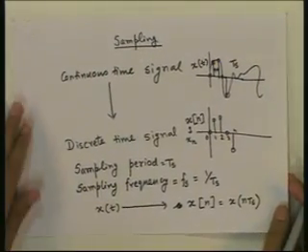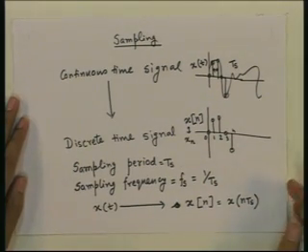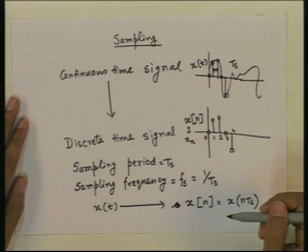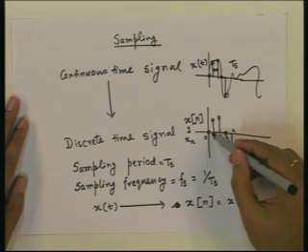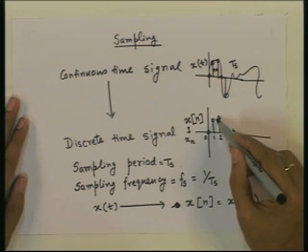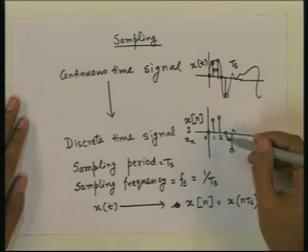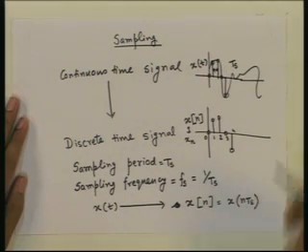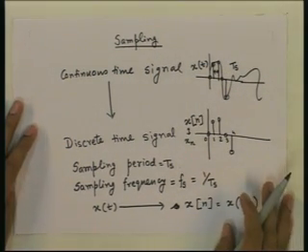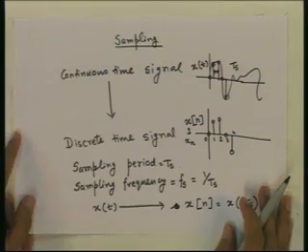Now, an important question here is whether we can recover this signal from the discretized signal, because we have removed all the values in between two consecutive samples. So, can we recover all the intermediate values, so that we can get back the original analog signal from the discrete time signal? That is an important question, and we will try to answer that question for some cases.